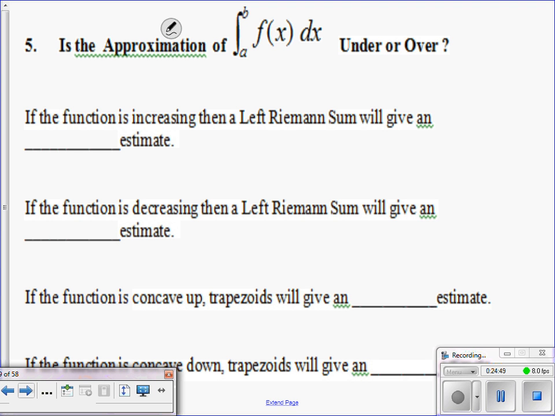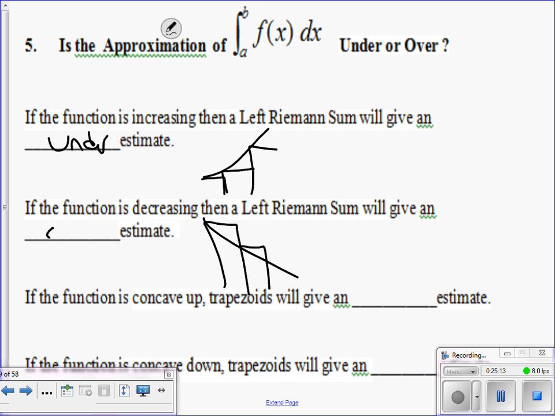But if they gave you the extra information, and you have a function that's increasing, and you've used a left-hand Riemann sum, will that be under or over? That'll be under, right? If the function is decreasing, and you use the left-hand Riemann sum, that's over.